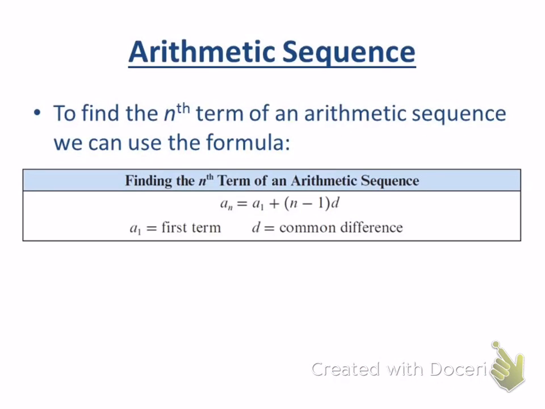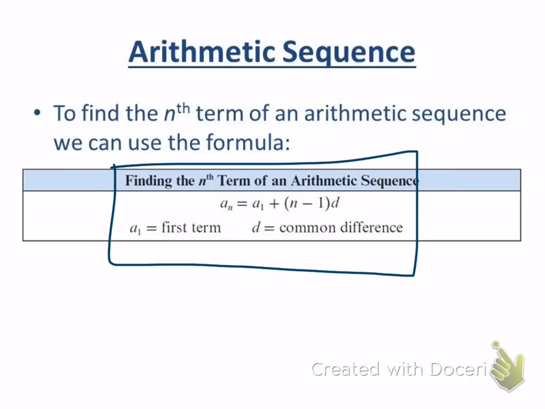And this is the formula that we're going to dance with right here. We need to be able to interpret what it means. If we can interpret what it means and remember it, then it's going to be easier to memorize that way. So finding the nth term of an arithmetic sequence, let's put this in words.